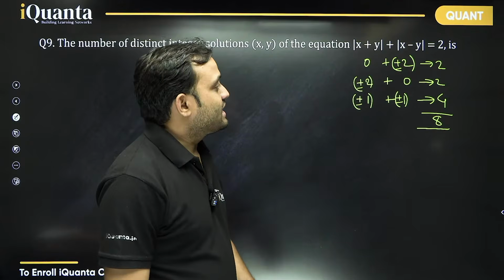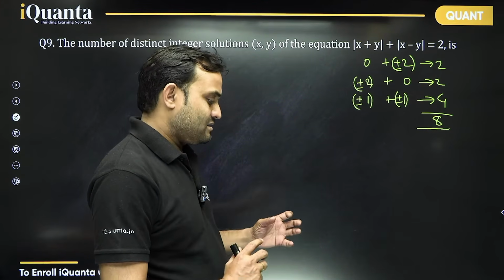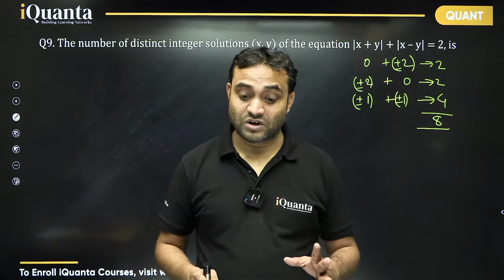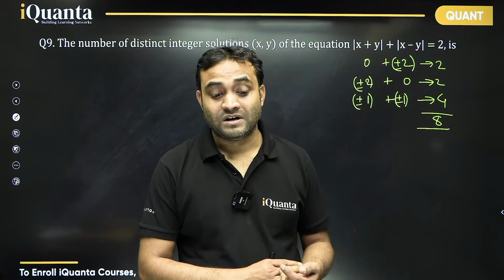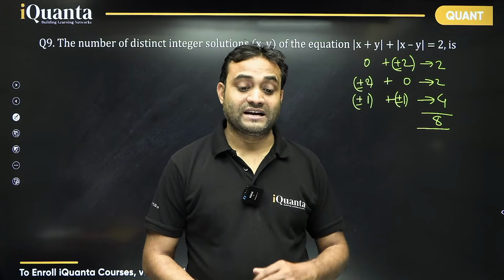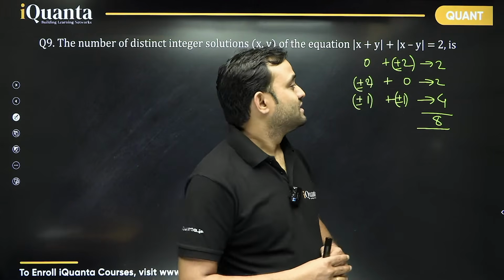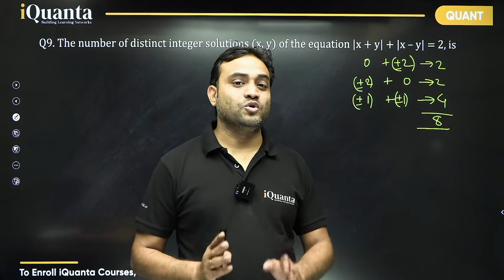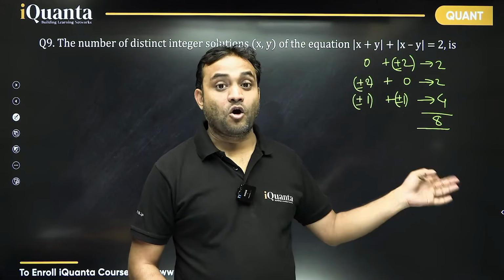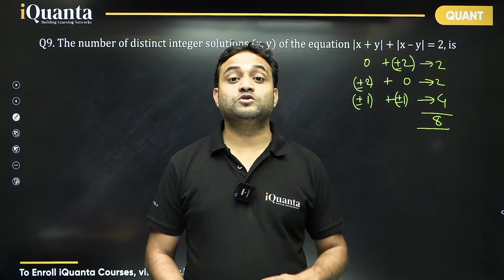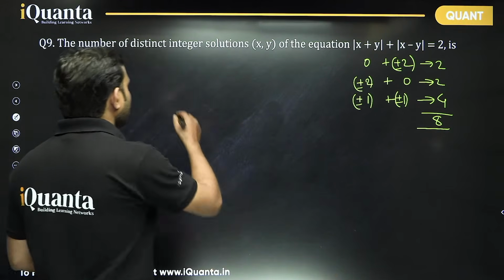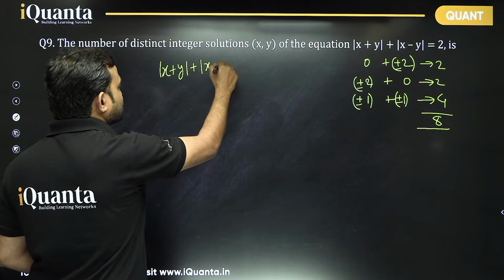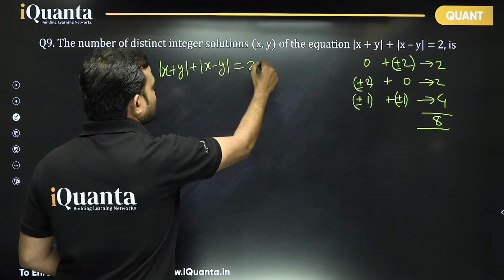Another way is taking cases: case 1 when x is greater than or equal to 0 and x is greater than y, x is less than or equal to y, and x is less than 0, all of those cases. But for that it will be very lengthy. So unless you know either this method or the method I am talking about, which is knowing the graph of mod of x plus y plus mod of x minus y is equal to 2a.